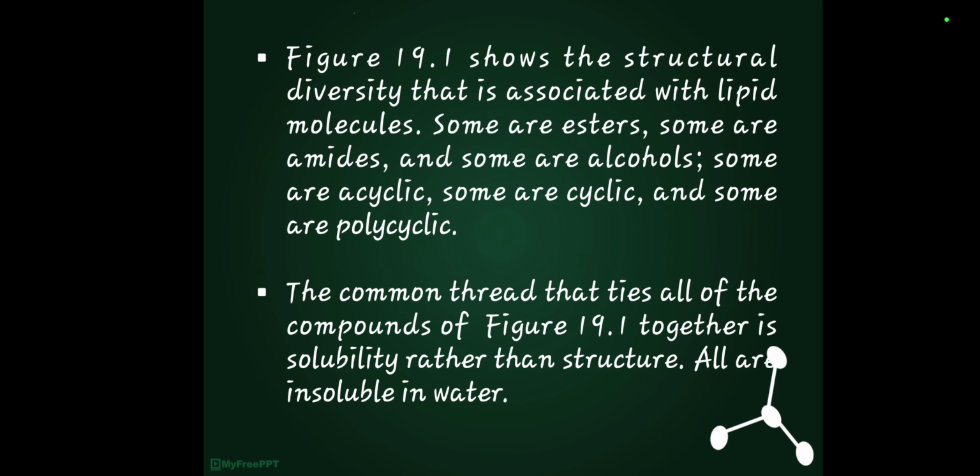Moving forward to another. Figure 19.1 shows the structural diversity associated with lipid molecules. Some are esters, some are amides, and some are alcohols. Some are cyclic, and some are polycyclic. So the common thread that ties all the compounds of figure 19.1 together is solubility rather than structure.